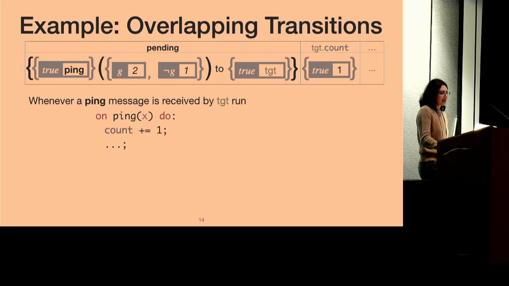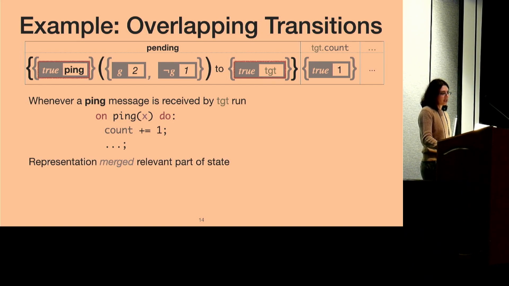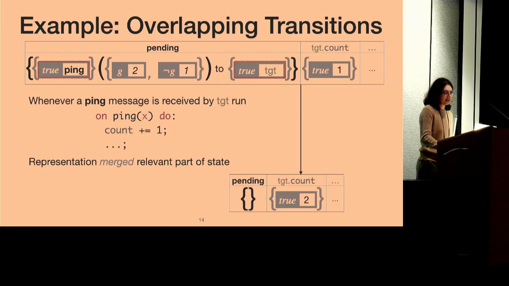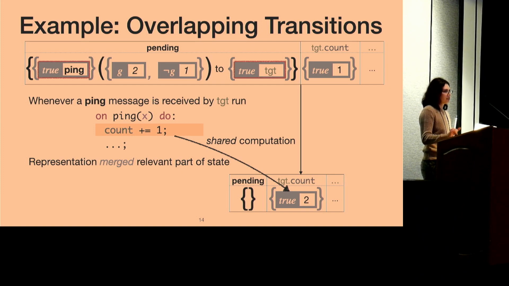If we look at the frontier representation, we can see that it has already merged the relevant parts of the states. That means that regardless of what state we are in the frontier, we are definitely going to be executing this bit of code. So when we compute the next frontier, the lifted version of this bit of code is run once, and in particular, things like this increment of the count variable are performed only once as a shared computation for all of the transitions from the frontier.